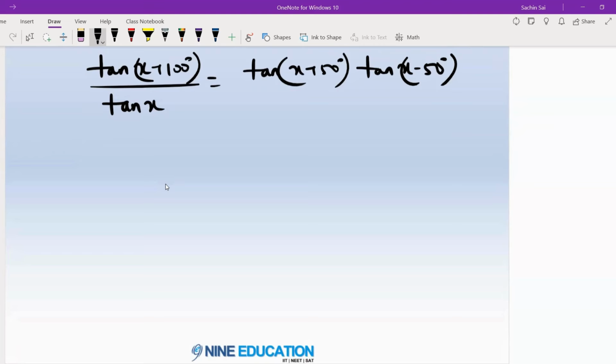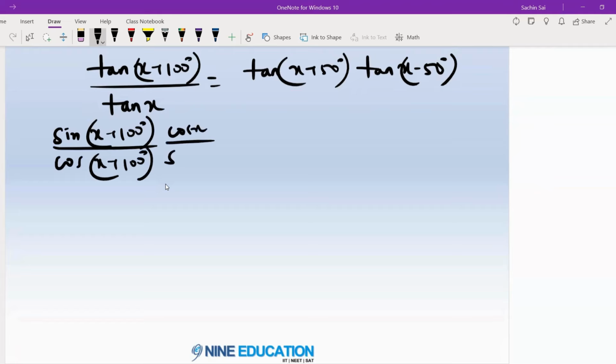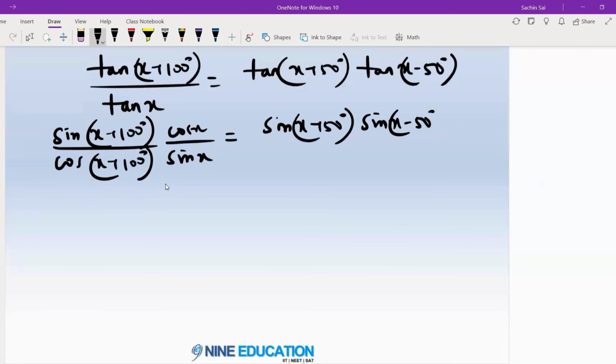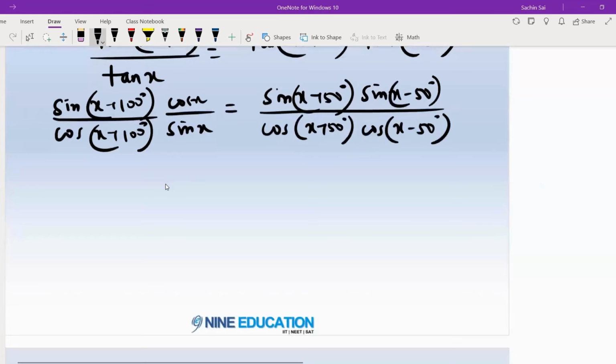Now, if I convert this in terms of sine and cos, I have sine of x plus 100 by cos of x plus 100 into cos x by sin x equals sine of x plus 50 into sine of x minus 50 by cos of x plus 50 into cos of x minus 50, right?